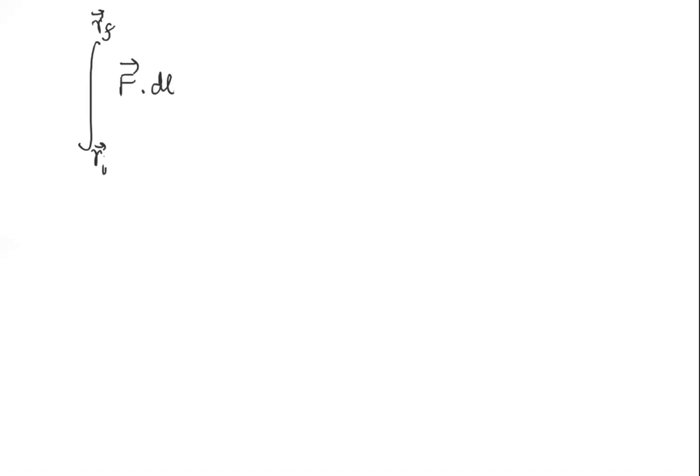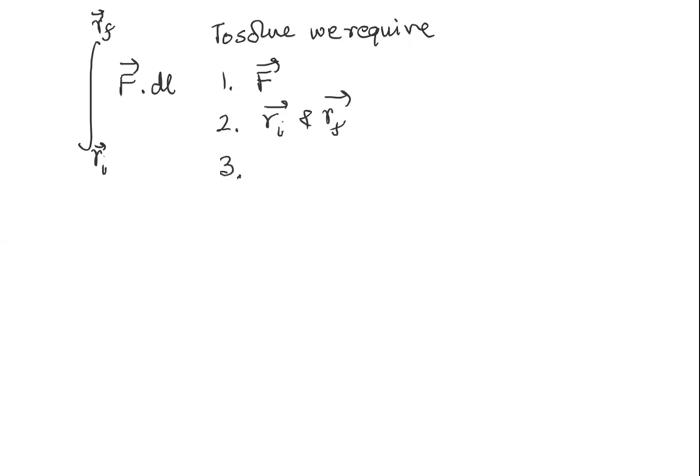You have a line element here, and to solve this, we require number one, the value of F, number two, Ri and Rf, and dL is also there. And number three, the path. Three things are required to solve this. Very, very weird.